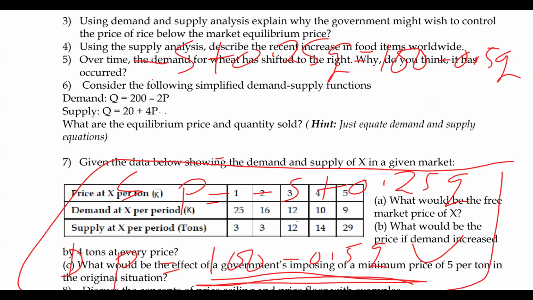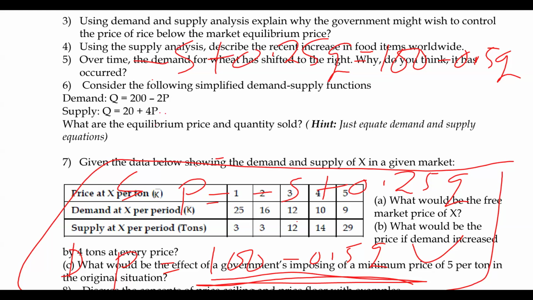Right? We are solving for Q. How can you solve for Q? You group the like terms together, those that have Q on the same side.